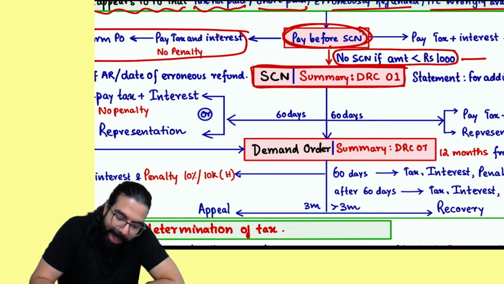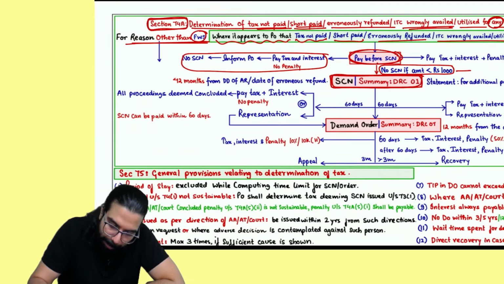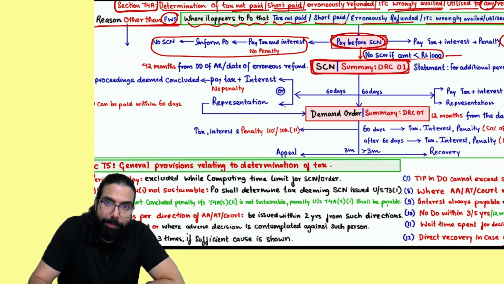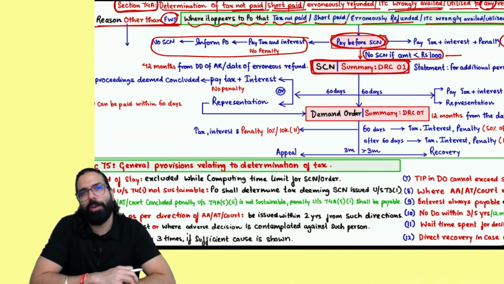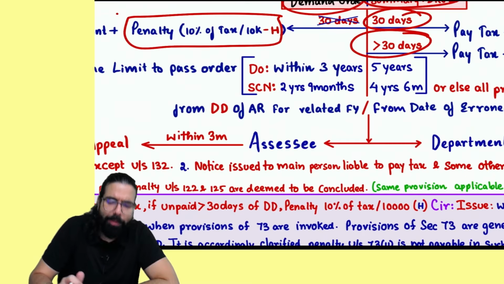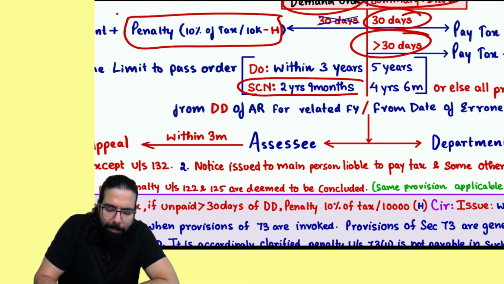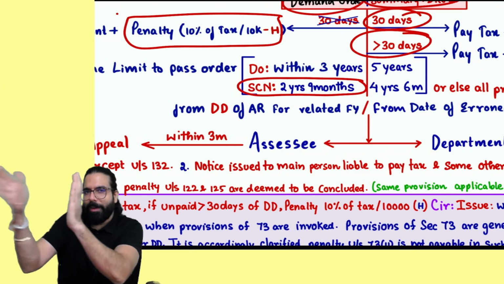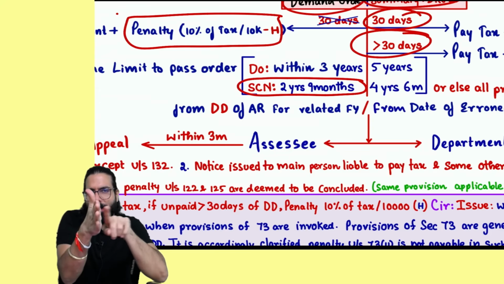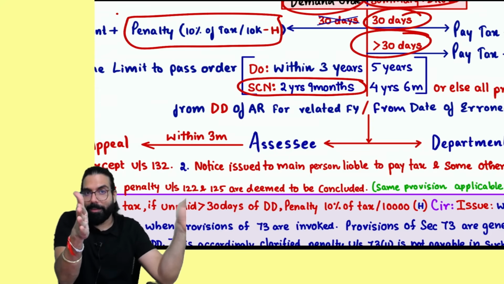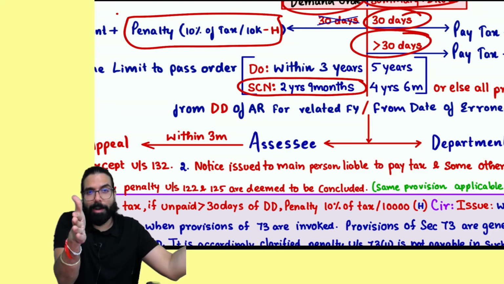Okay, sir. Now, remember one thing about show cause notice: what is the time limit to give a show cause notice? Sir, earlier, the time limit to give a show cause notice was 2 years, 9 months from the annual return of whichever year it is. Correct? And 3 years for the demand order.